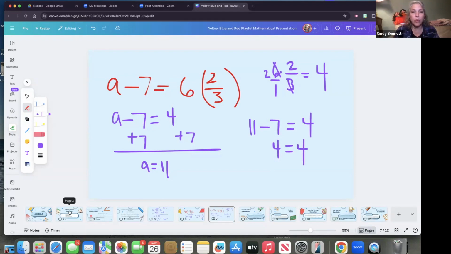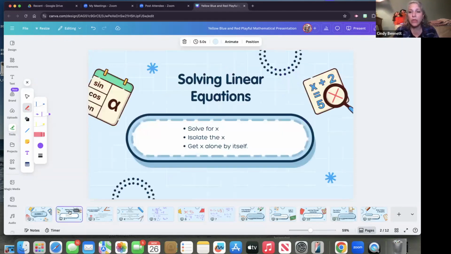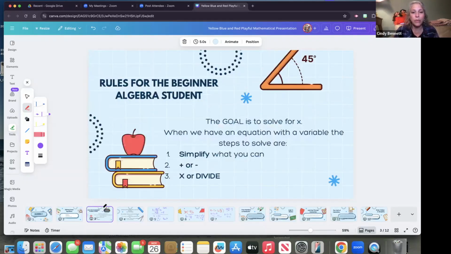So what are we doing with algebra? We are solving for x or isolating the x, get x alone by itself. We do this by number 1, simplify anything you can. On the side where the x is, you want to add or subtract. Sometimes we say get rid of this number, but we're actually adding or subtracting to get 0.